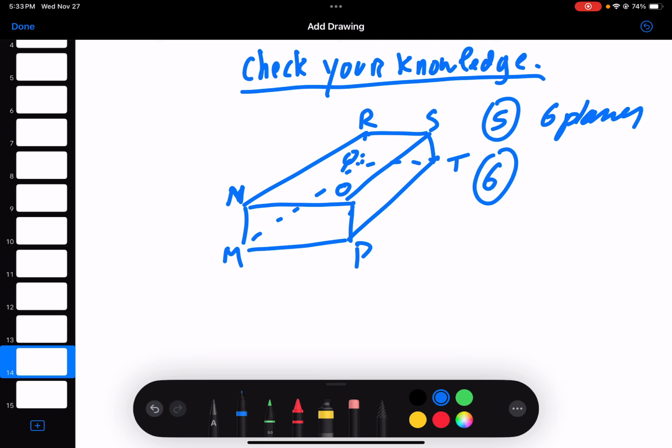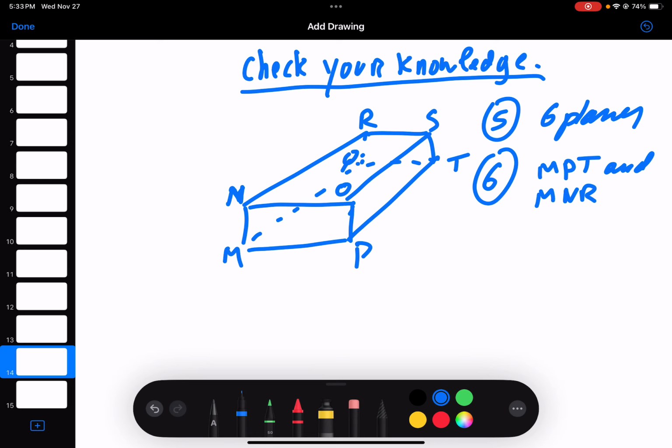All right, 6. What is the intersection of plane MPT and plane M and R? And remember, 2 planes intersect not at a point, but at a line. So we have to find a line.